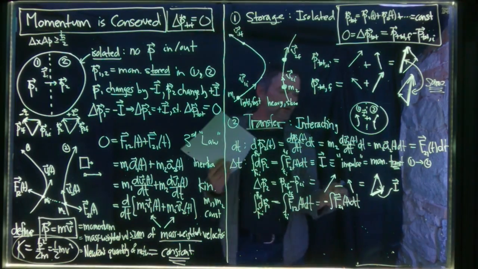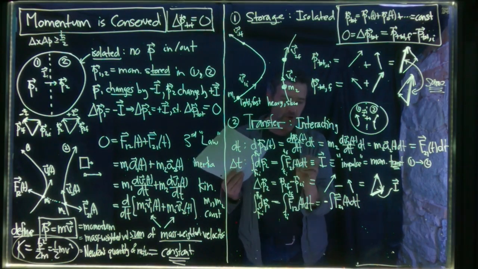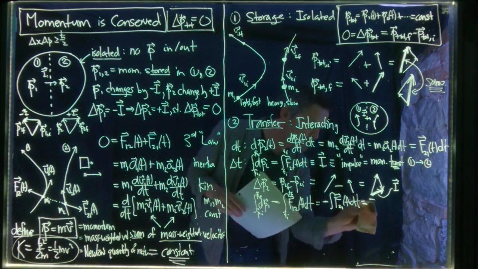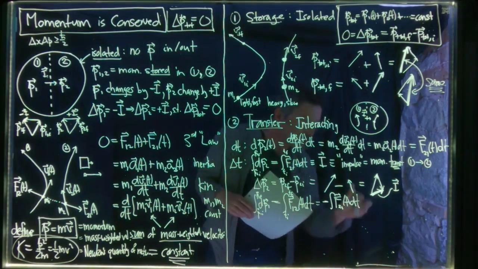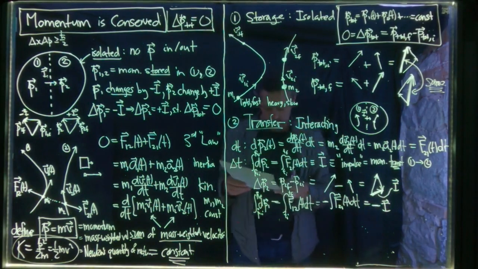But wait a minute. The integral of F21 over time we called the impulse I. So we have the negative of that. So this is equal to negative I, negative the impulse I.